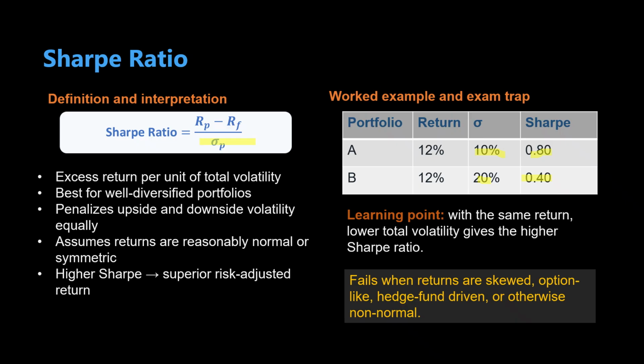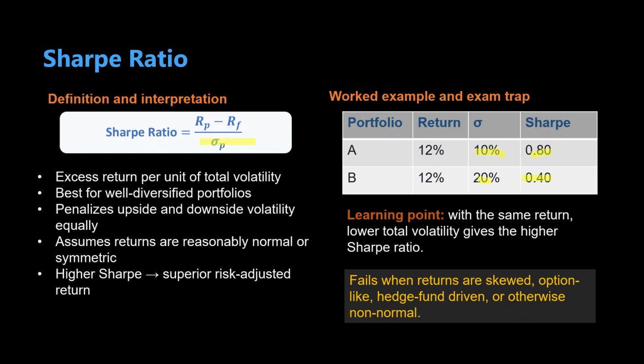The Sharpe ratio is best suited for well-diversified portfolios because it penalizes all volatility equally, both upside volatility and downside volatility. This is also its key limitation, because it treats a streak of strong upside returns as a bad thing, because it raises volatility.